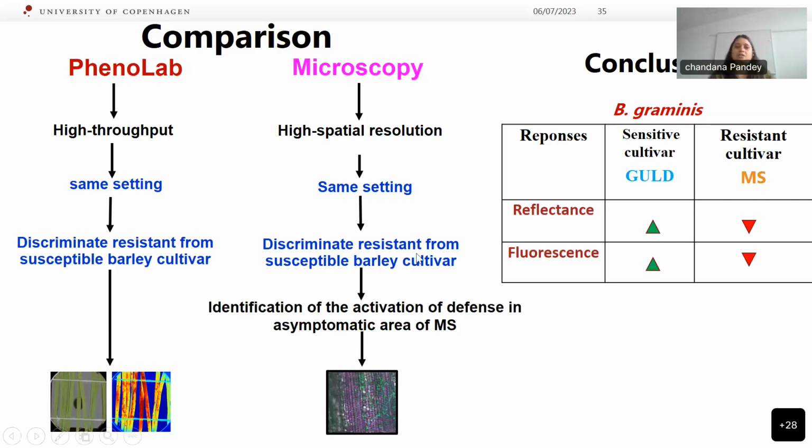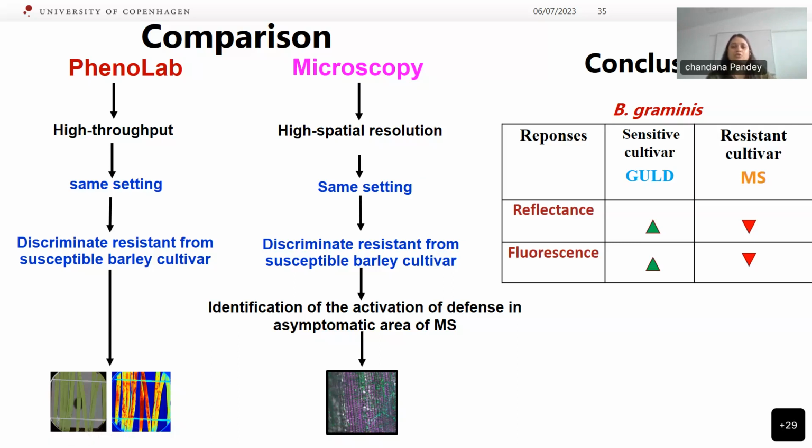But the difference here is that phenolab is very high throughput phenotyping. Here we don't have to be in the lab, we insert the plant in the chamber and then it goes automatically. But yes, when it comes to the data, we need to handle a lot of data and do the stats analysis for the big set of data. And the microscopy is time-consuming.